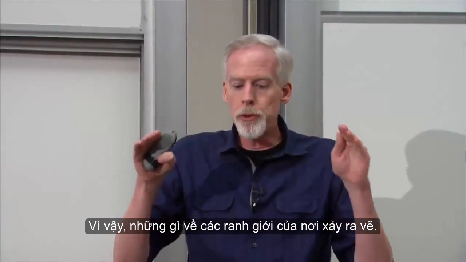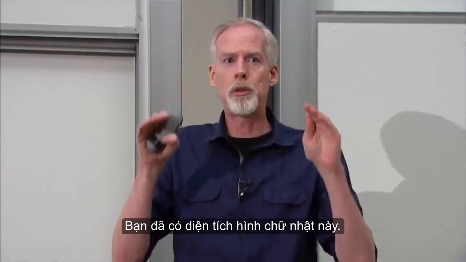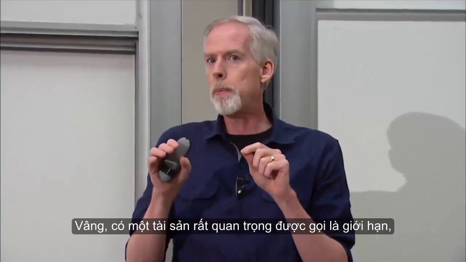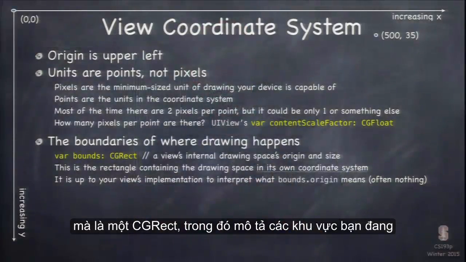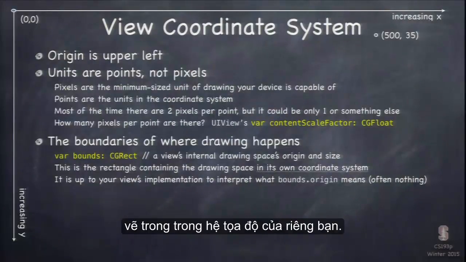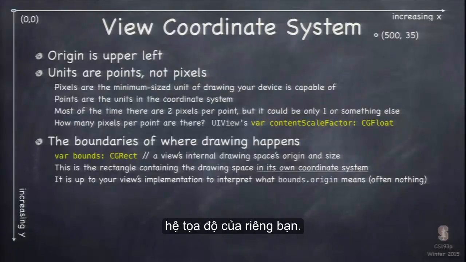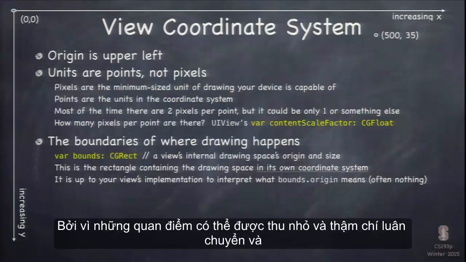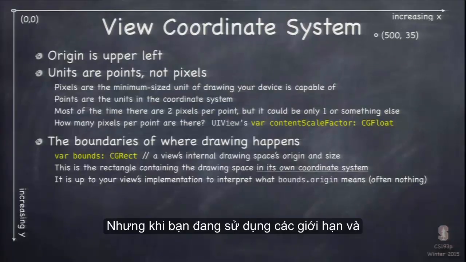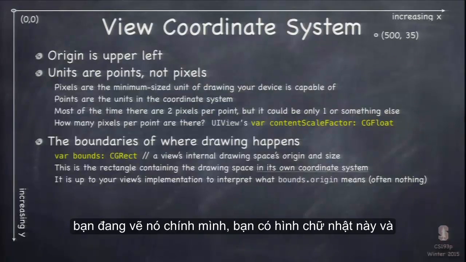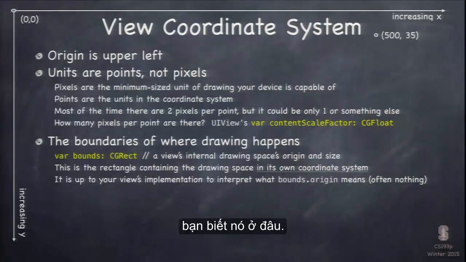So what about the boundaries of where drawing happens? You've got this rectangular area. Well, there's a very important property called bounds, which is a CGRect, which describes the area you're drawing in, in your own coordinate system. It's important that it's in your own coordinate system because these views can be scaled and even rotated and translated to other coordinate systems, but when you're using the bounds and you're drawing yourself, you have this rectangle, you know where it is.